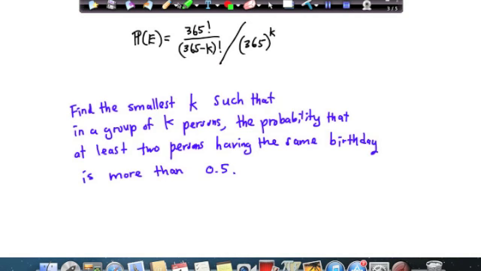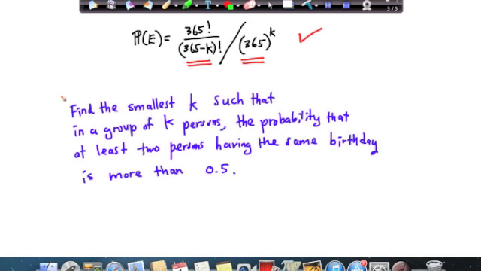So now we have that the probability that all of the k persons have distinct birthdays is equal to the size of the event E divided by the size of the sample space. So this is the expression for the probability of the event E.